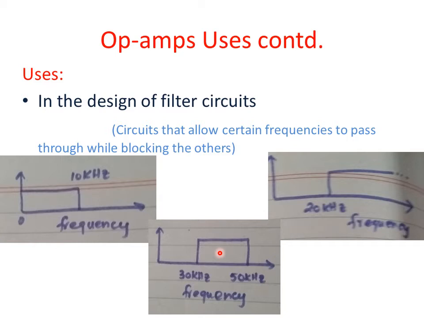It is because it has filters inside. When we go to that channel, our device suppresses all the other signals but only passes the signals of that specific frequency, and then we can easily hear that frequency. So we see that operational amplifier circuits are also used in the design of filter circuits.